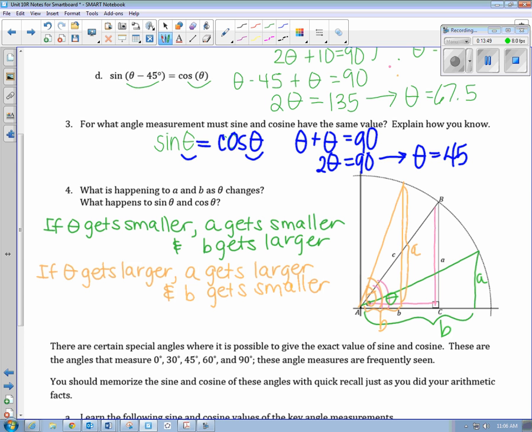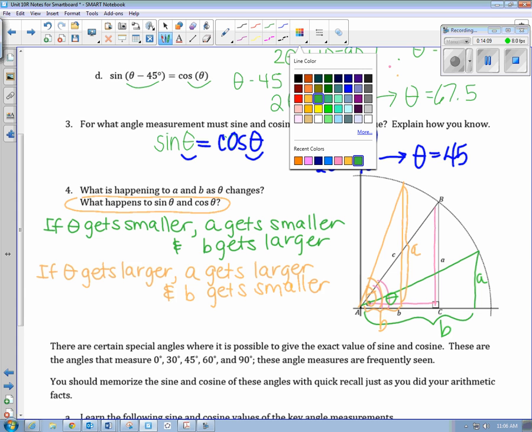It then asks us what's happening here with respect to sine and cosine. What you want to keep in mind when you go through and do this is if we're looking at the green triangle, so I'll go back and color code this.